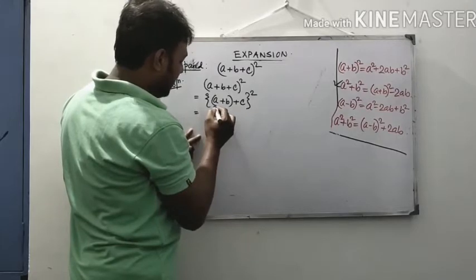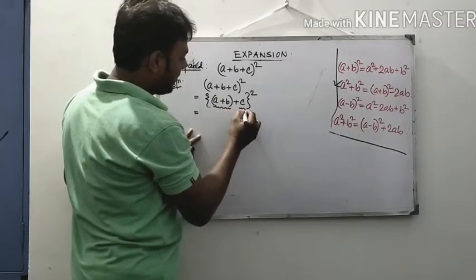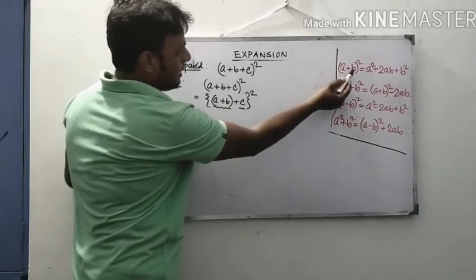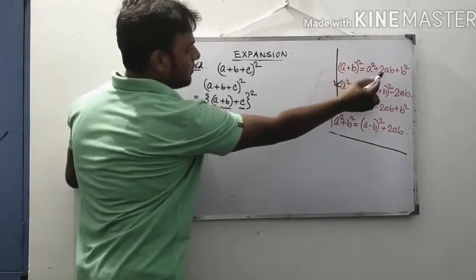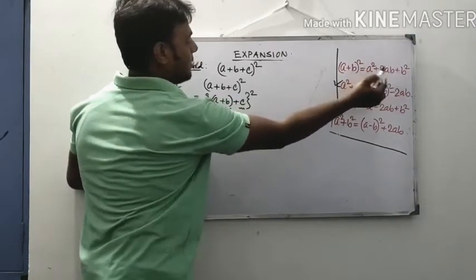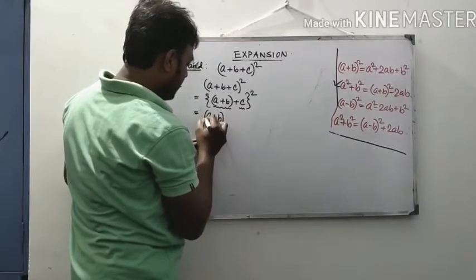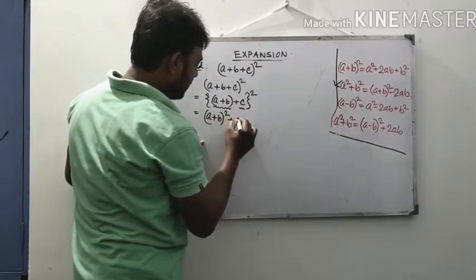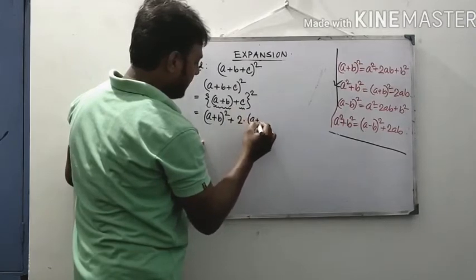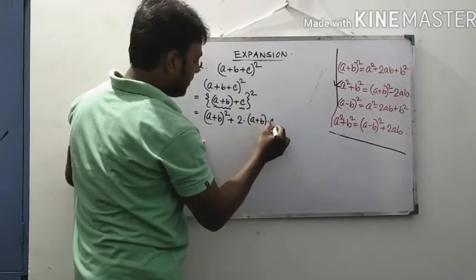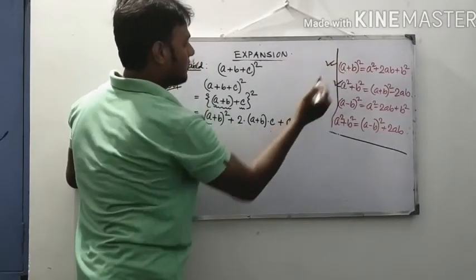So if we consider this as a group, then first plus second whole square is first square plus 2 into first into second plus second square. So it will be a plus b whole square plus 2 into first into second, that means a plus b into c, plus c square, the second square. Actually I have used this one.